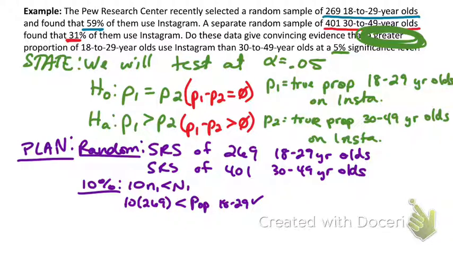I think there's more than 2,690 18 to 29-year-olds in the world. And then we check that 10 times the second sample size is less than the second population. So 10 times 401 has to be less than the population of 30 to 49-year-olds, which again, I'm fairly confident would be true.